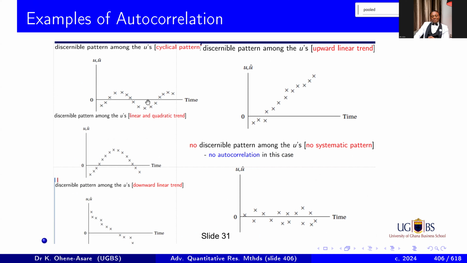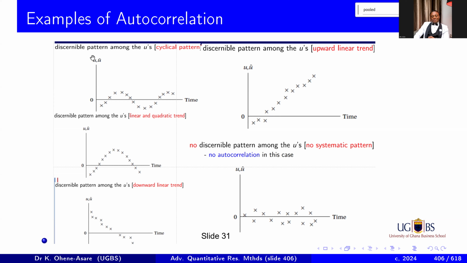The pattern here is cyclical. It goes up, it falls down, it goes up, it falls down, it goes up, it falls down. There's a clear, discernible pattern, and that kind of pattern means that there is autocorrelation.